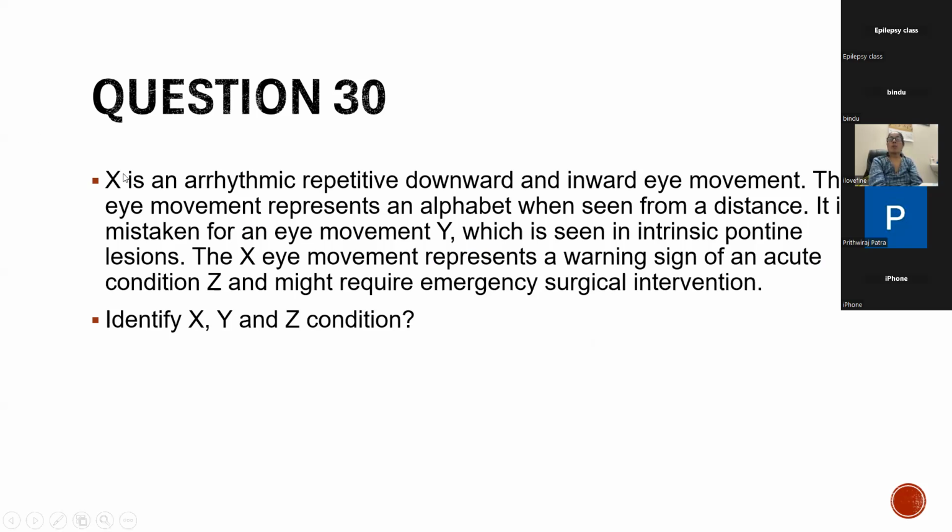X is a condition which is mistaken for Y. We don't have the eye movements.